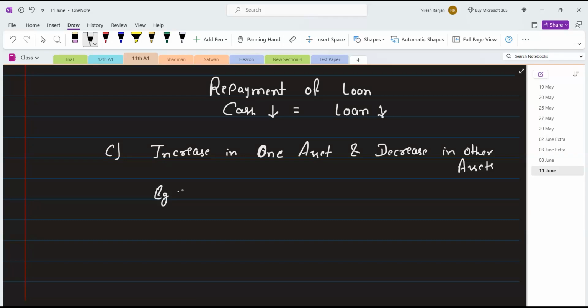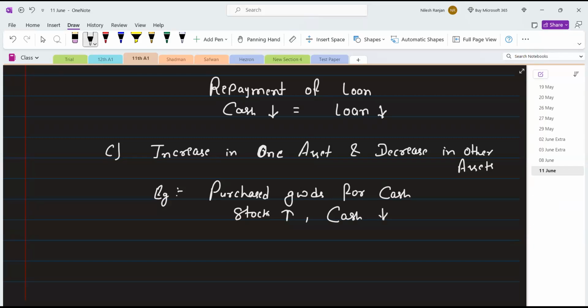We are giving cash, so we are getting goods. So our stock is increasing, but our cash is decreasing. Purchased goods for cash will increase our stock and decrease our cash.